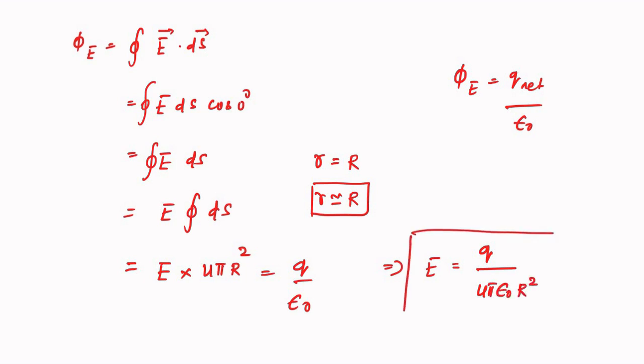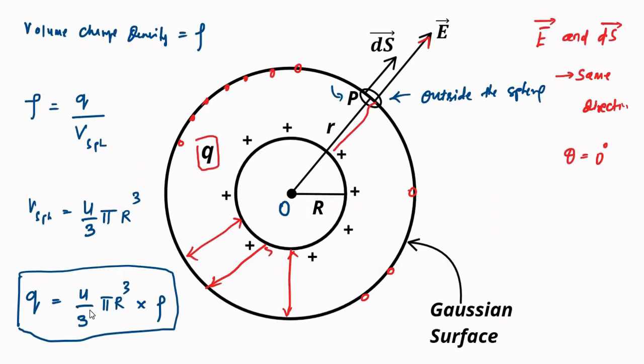In the previous case it was Q by 4 pi epsilon 0 small r square, the general expression. Here, as r is nearly equal to capital R, the separation gap is nearly equal to capital R, so this is the expression. Now we have already previously determined that this Q, the total charge on the sphere, is equal to 4 by 3 pi capital R cube into rho.